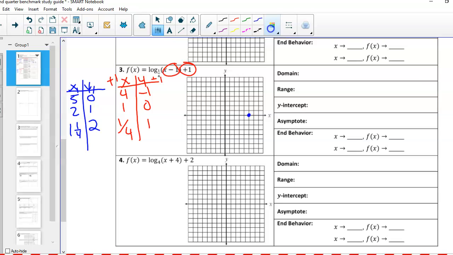Remember, for your log functions, your asymptote is vertical, but it's dependent on whatever is inside.